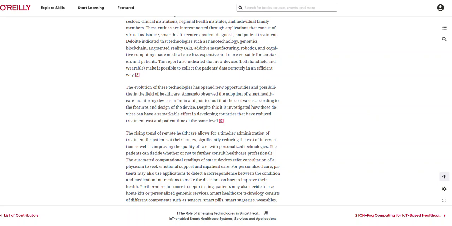These devices can transmit data to the physicians in real time or at set intervals, allowing early detection of abnormalities and reducing the need for in-person visits, reducing the cost associated with inpatient care as opposed to the patient being home.